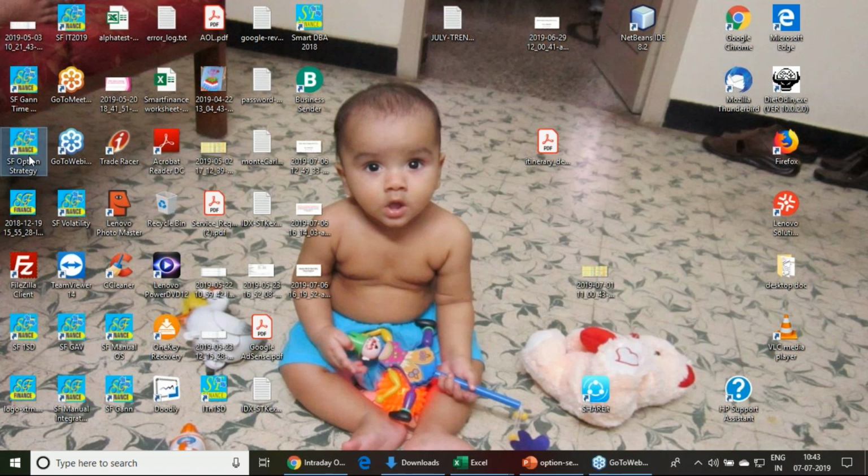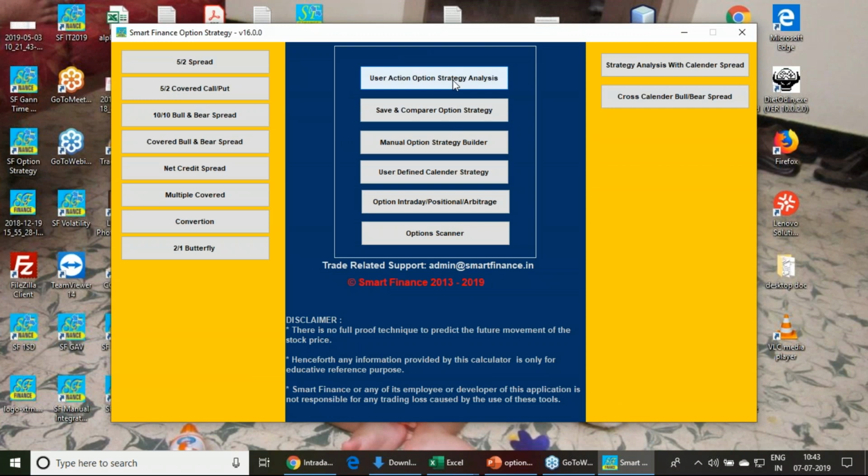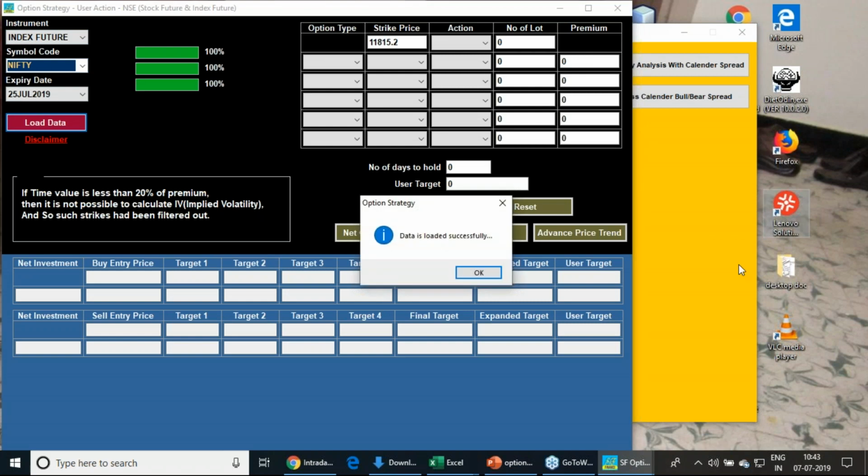If I go to an option strategy tool, say Nifty has given an uptrend on Monday. I'm thinking that okay, it has given an uptrend breakout, so I'll form a 2/1 ratio call spread. I'm going for Nifty, loading the data.